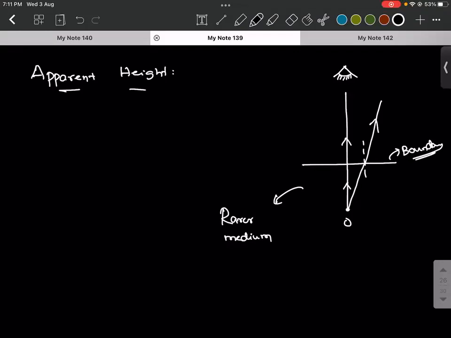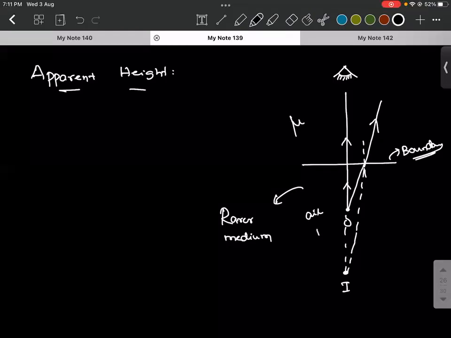There is no possibility for them to meet. So if I retrace it, then I'll get the image to be formed below the real height. Let's try to calculate that value. So let's say the refractive index of denser medium is mu, and the refractive index of rarer medium, I'm taking it as air for the time being, and let me call it as 1.